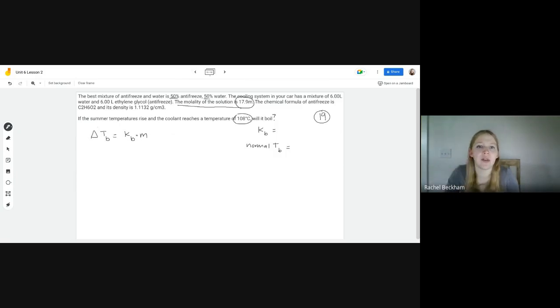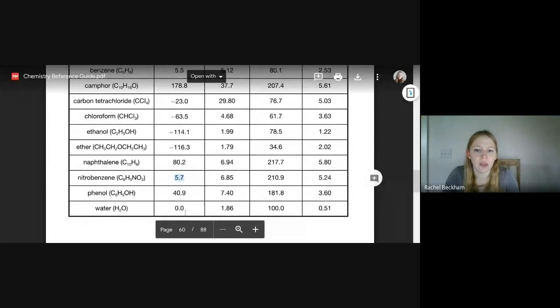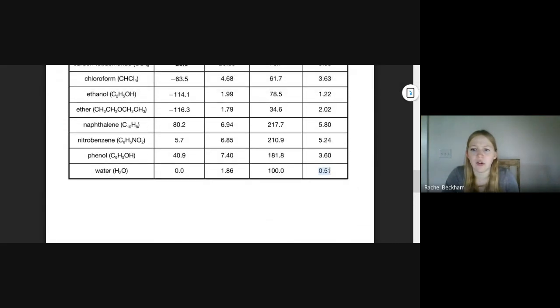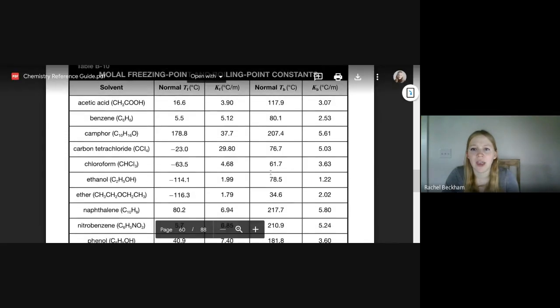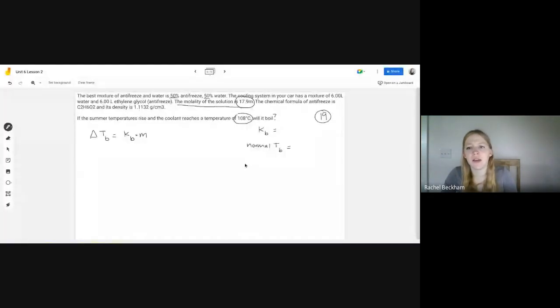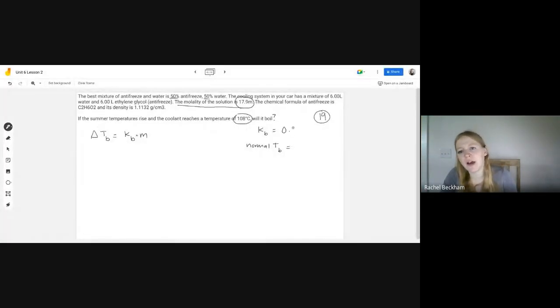So let's go look up the KB of water. For KB, it's over here. So 0.51. And the normal TB is 100. So let's go pull that up. 0.51 and then 100. Okay, so we're going to plug that in.